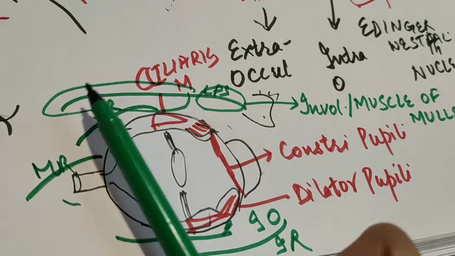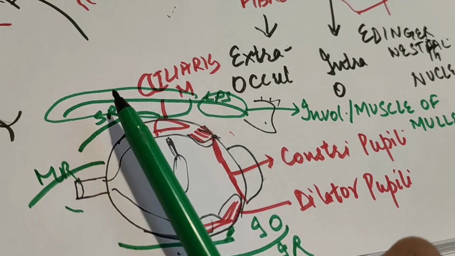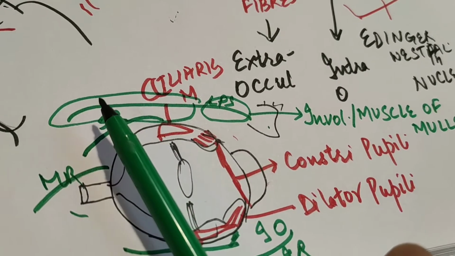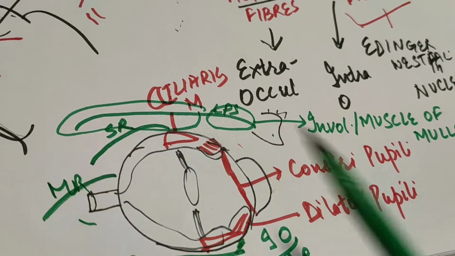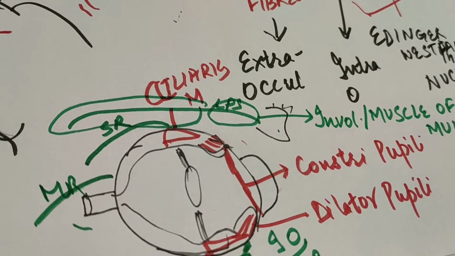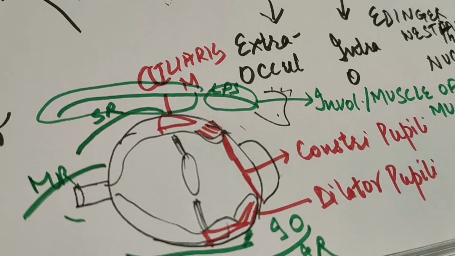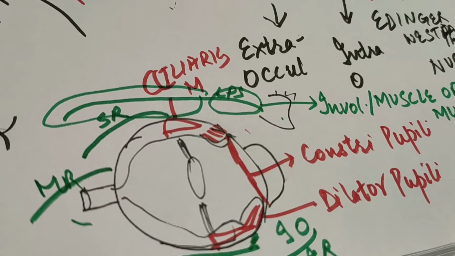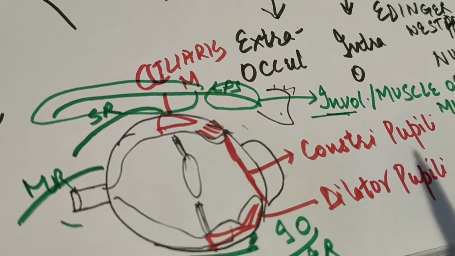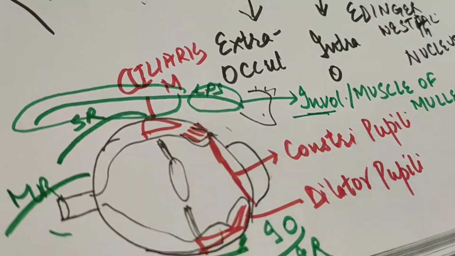But when you have already elevated it, you don't have to put any effort to keep it open, it is involuntarily kept open. That is the muscle of Muller of the levator palpebrae superioris.